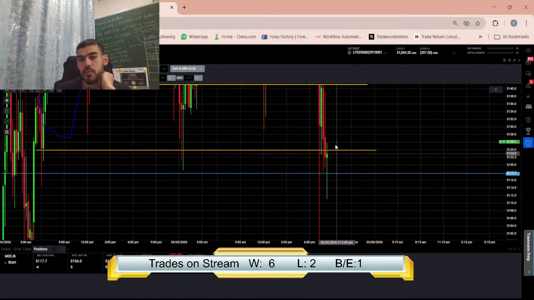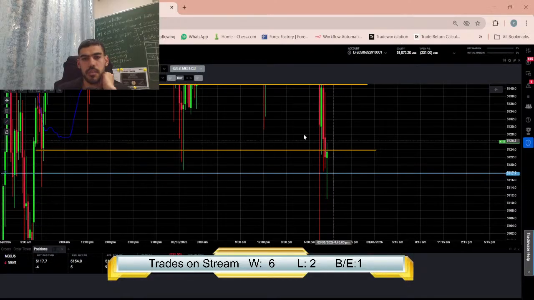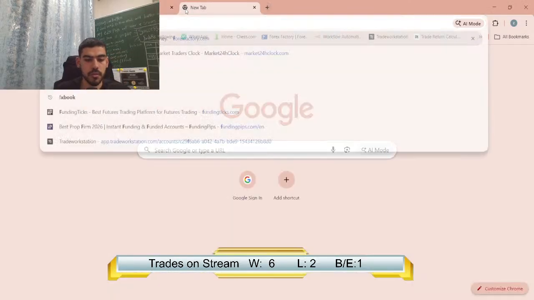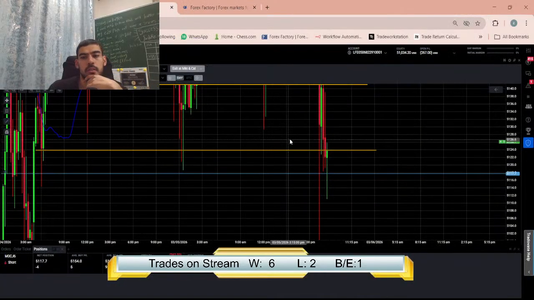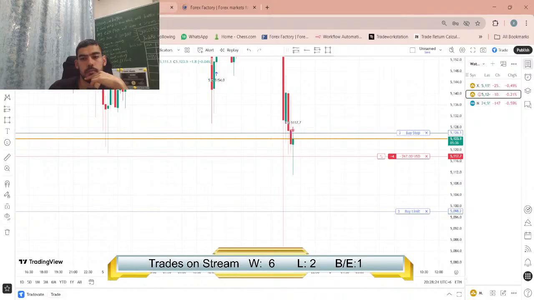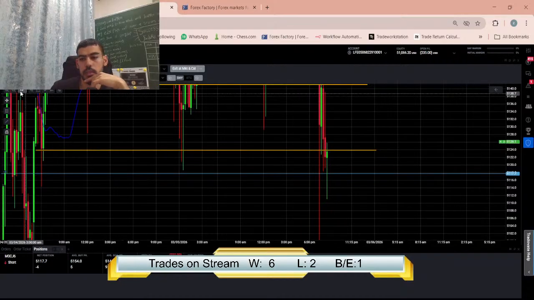I believe if it wanted to move up, it would have moved up already, but why is it hovering like that? Is there any news or something? It's been hovering in this area for the past 15 minutes.